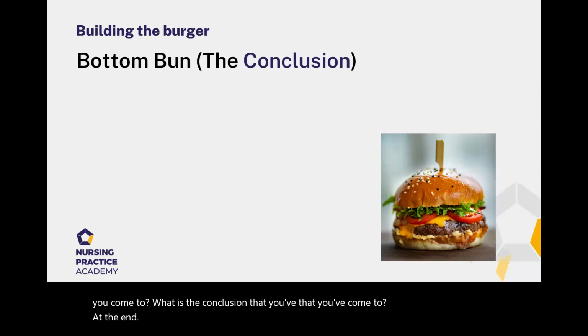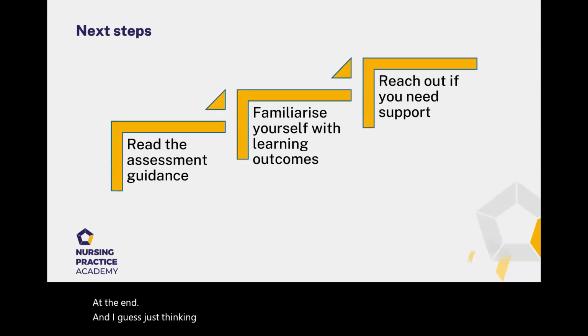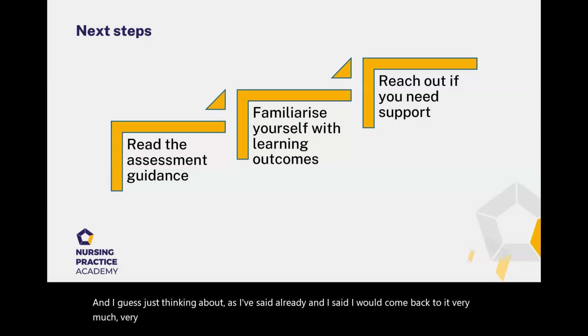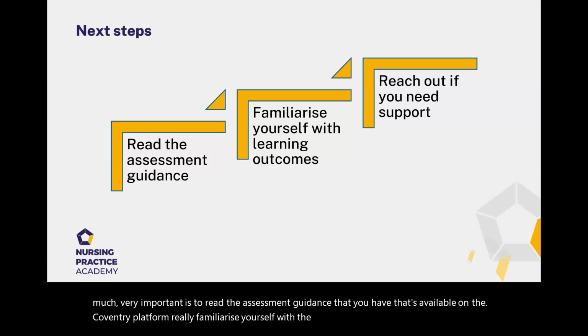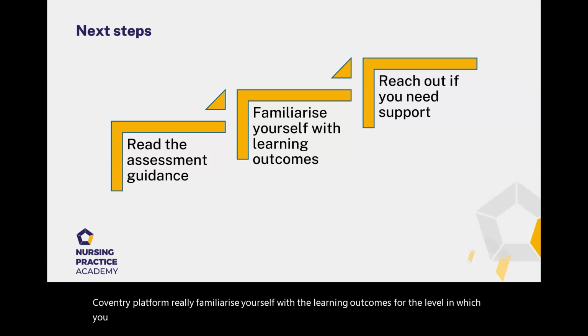And just thinking about, as I've said already, and I said I would come back to it, very important is to read the assessment guidance that's available on the Coventry platform. Really familiarize yourself with the learning outcomes for the level in which you have signed up to study, because they are slightly different.